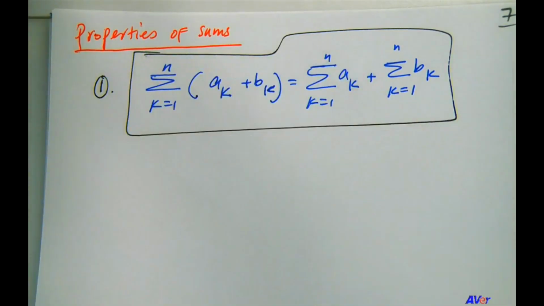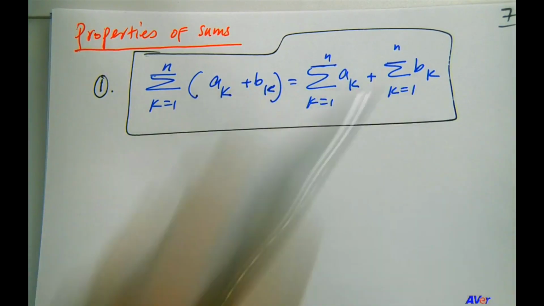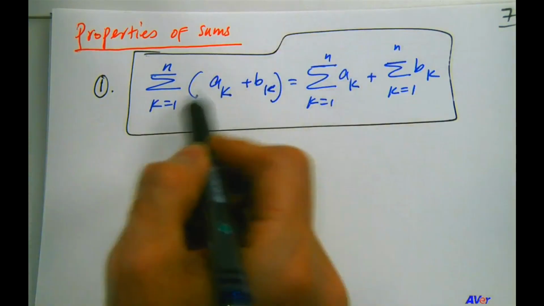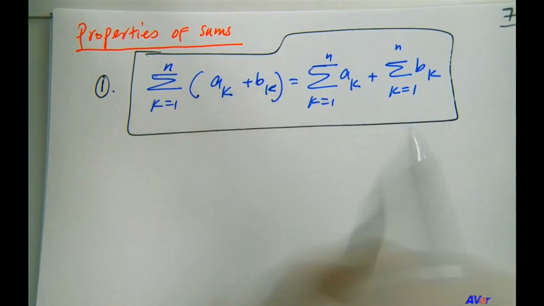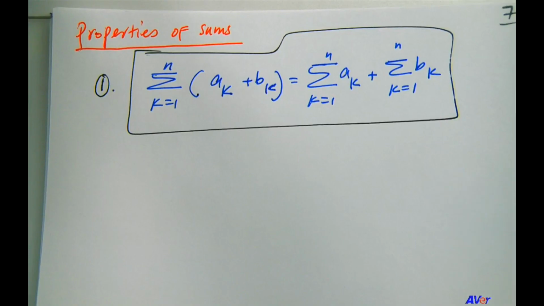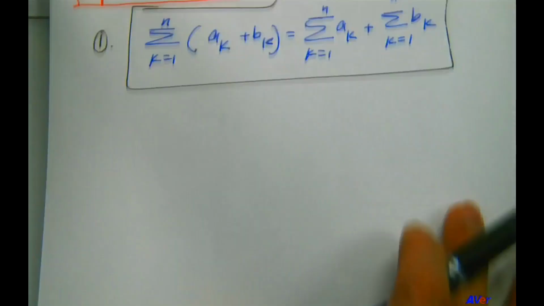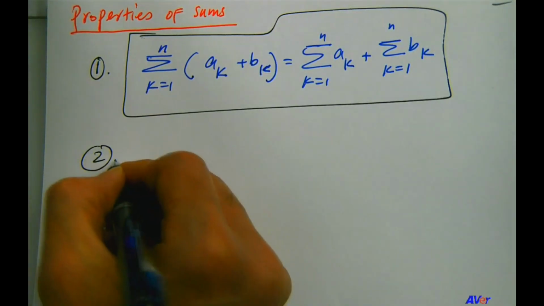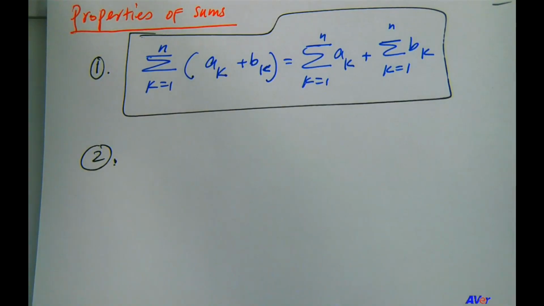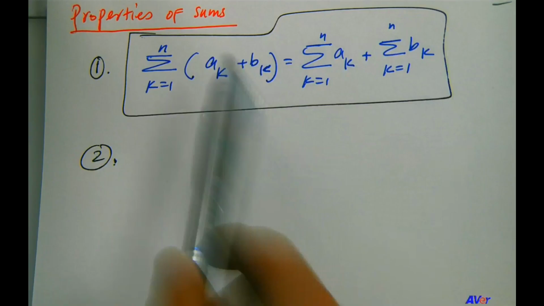Okay, so this left side is equal to that. You can separate them and add them, which is the same thing as if you added the sequences and then applied the sum. It makes no difference. Okay, the second property is this one. We have the same property for, you guessed it, subtraction. This was for addition.